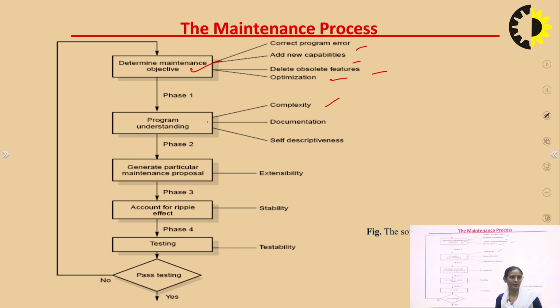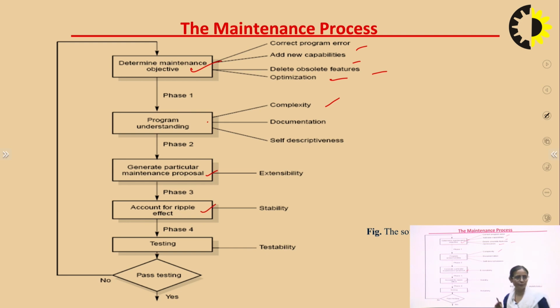We need to understand what the program is about. Then we generate a particular maintenance proposal, and it is basically done for extensibility. Once you have decided we are going with this objective, and we have gained insight into the program, now we will generate the proposal.